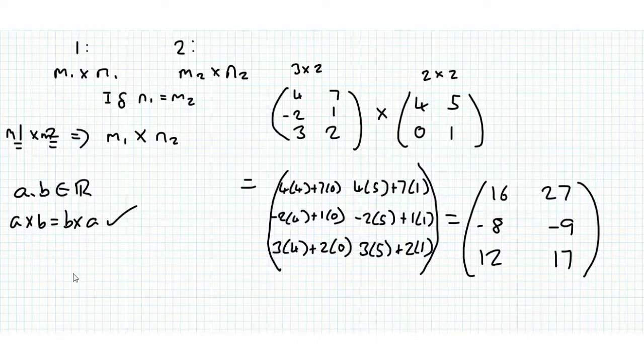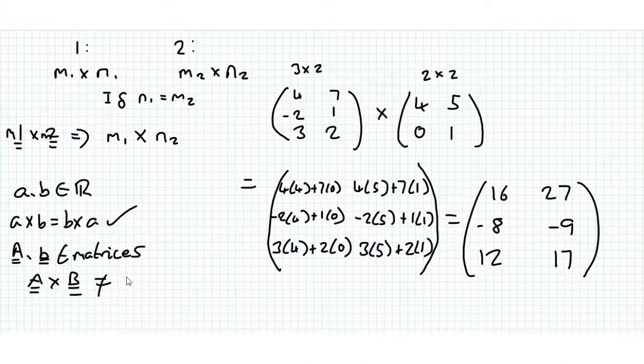But for matrices, if A and B are matrices, then A multiplied by B is not necessarily equal to B multiplied by A.